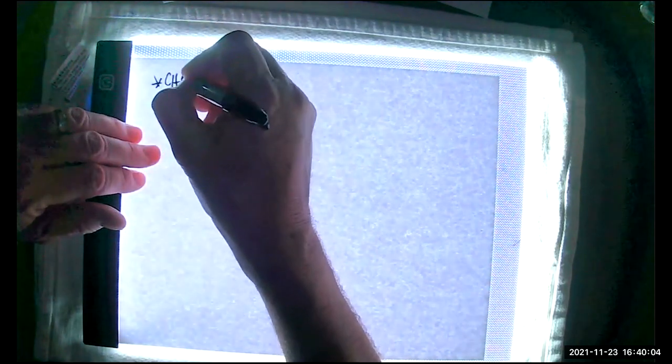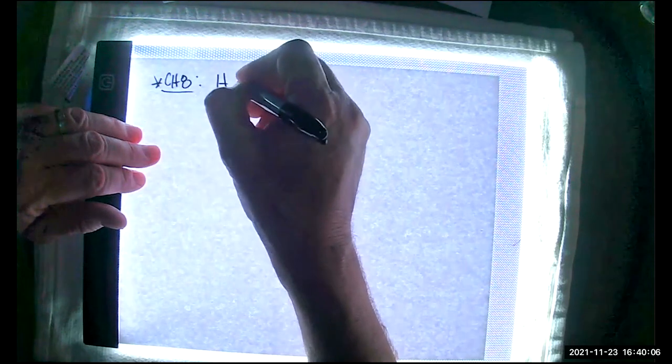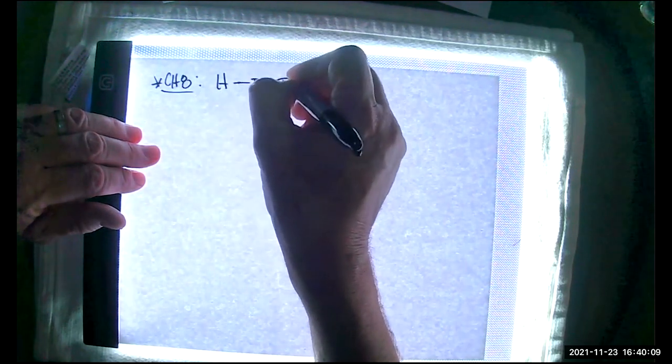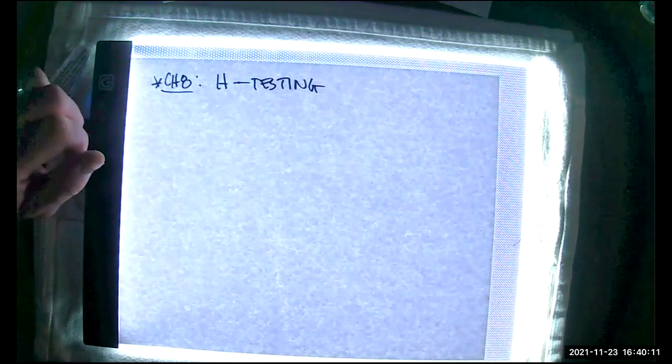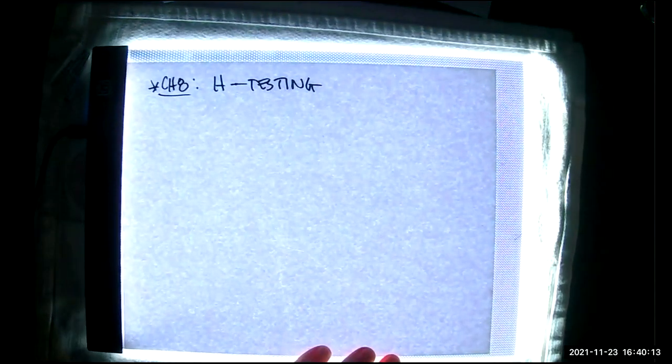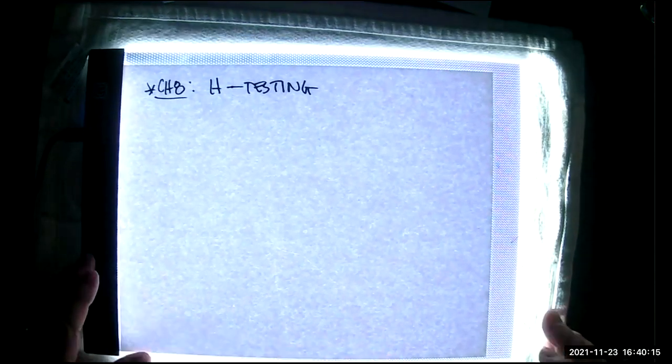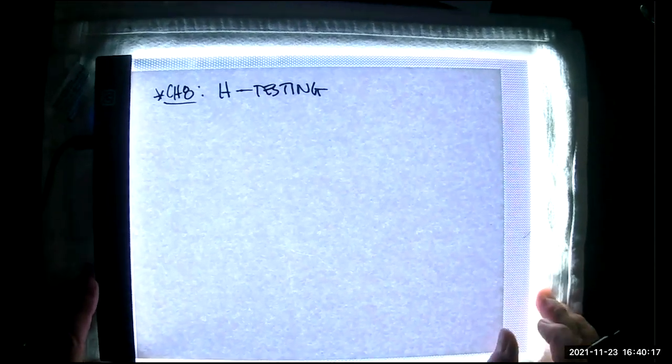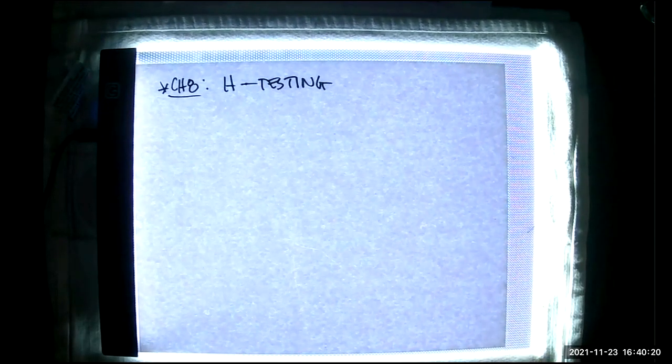All right, so chapter 8 was all about hypothesis testing. Now, I ran through the details yesterday, and I'm not going to run through the actual details today. As I said, I want to run through some examples.